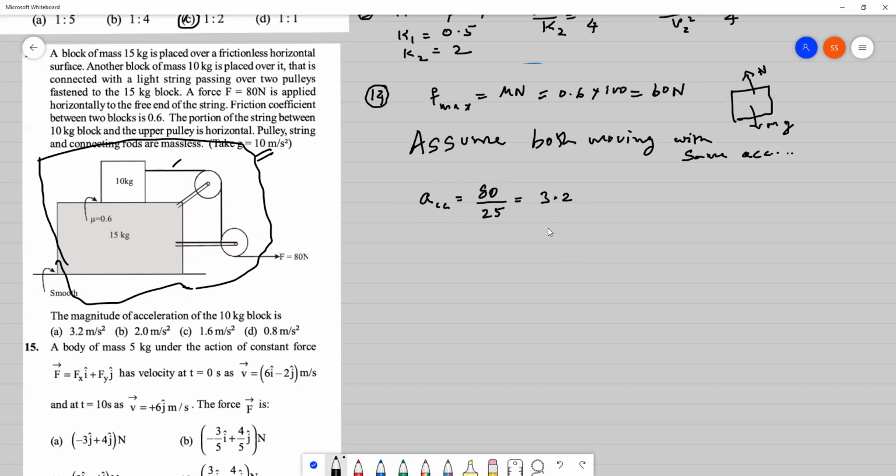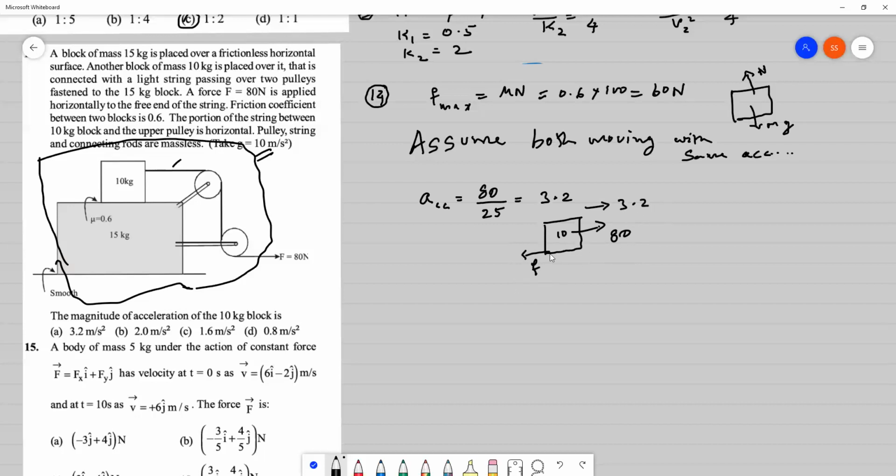I will draw a free body diagram for that block. This is also 80, because if this is 80, throughout the string it is going to be 80. This is the 10 kg block, and let me consider the friction force acting on it is F, and it is moving with 3.2.